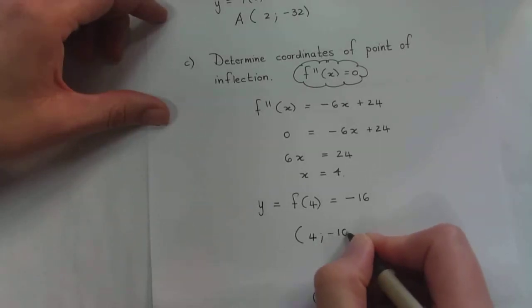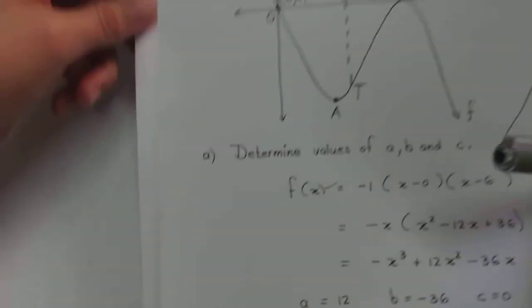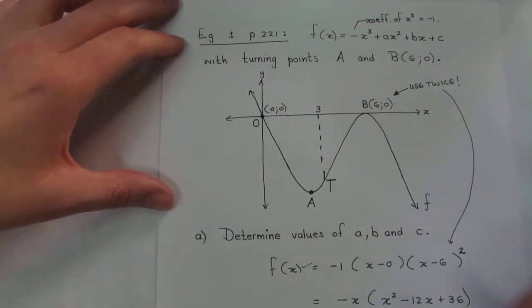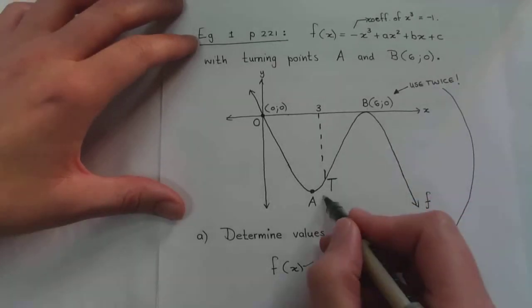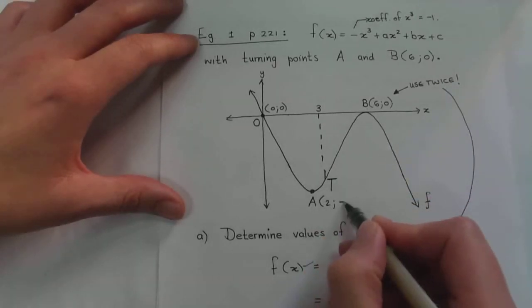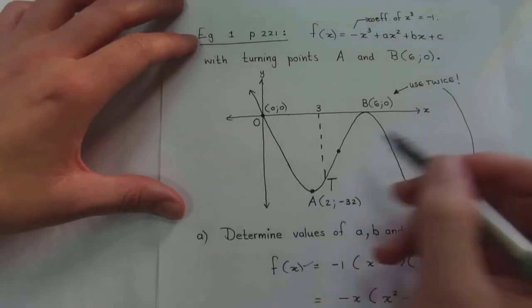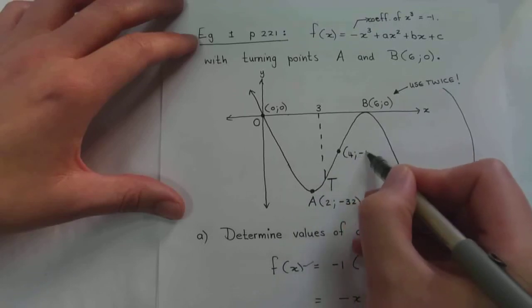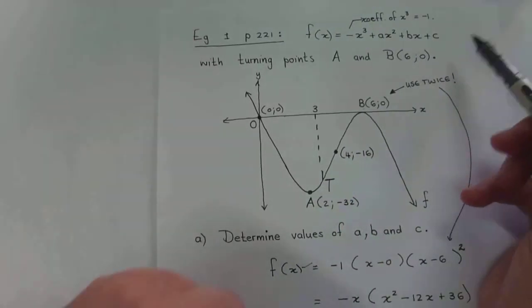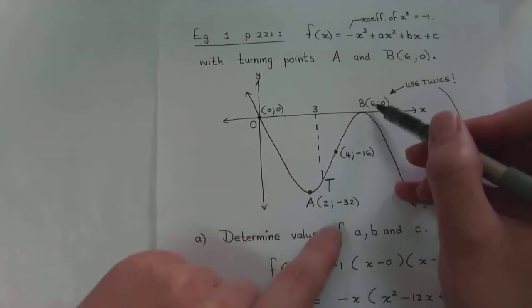Now, if you go back to the diagram, we can just put this information in, so I can just go back talking about a couple of points that I've referred to in the previous video. So we've said A is the point 2, negative 32. And we said over there the point of inflection is going to be the point 4, negative 16. Now I've spoken about this before, where you will always notice that the point of inflection lies halfway between these two x-coordinates.